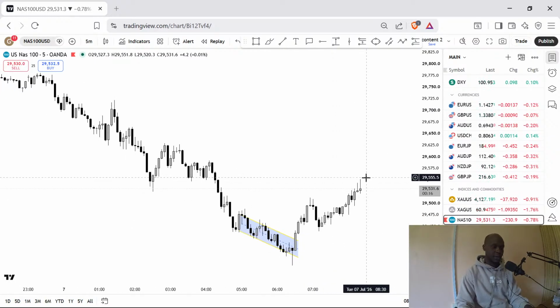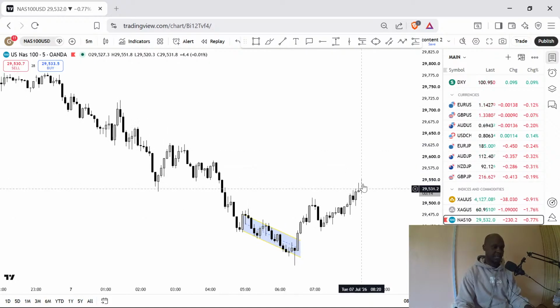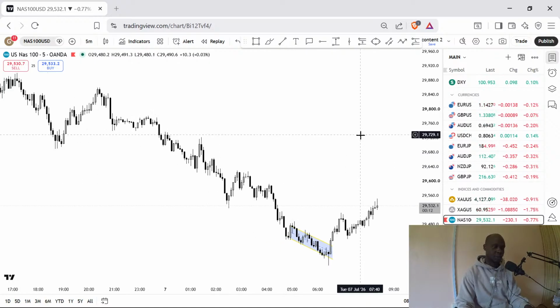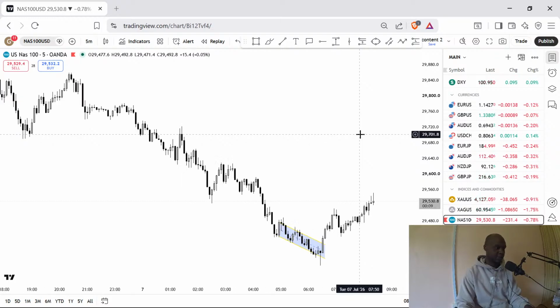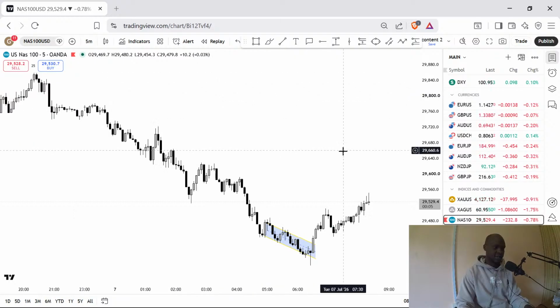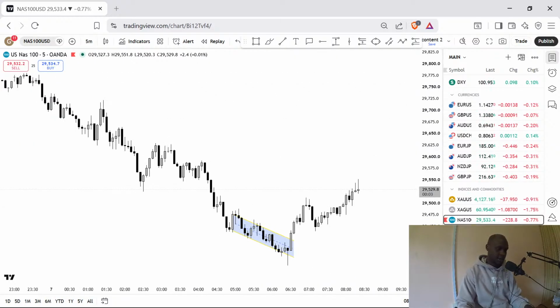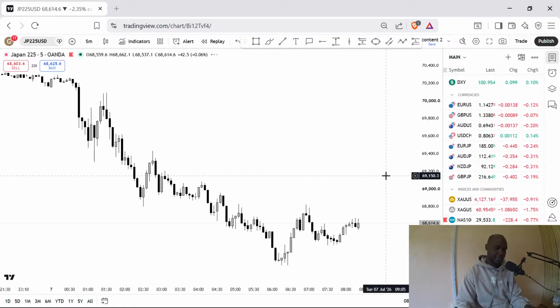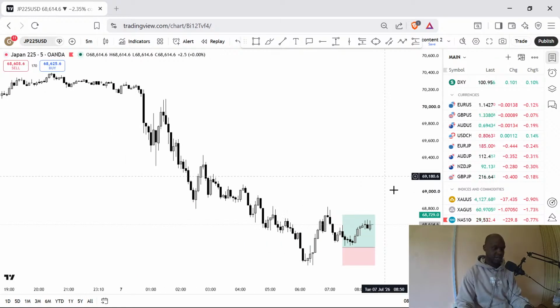So I'm not sure if I'll be able to take any other entries. If we get strong momentum pushing upwards, then I might consider taking more entries, but I'll be aware of this high over here. So I'm glad that I already have an entry on the JP225.